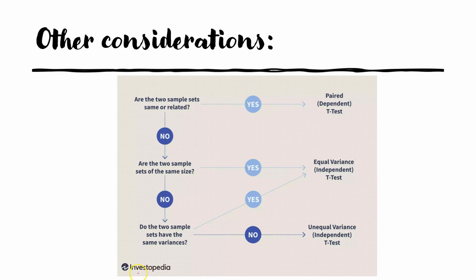If we have sample sets that don't have the same n number and or do not have the same variance, then no, we cannot run an equal variance. Instead, we run an unequal variance t-test. If you are in a hurry one day and you need to get something done super fast and you are unsure, and definitely it's not a paired t-test, the best course of action would be to run an unequal variance t-test because it would be the more stringent of the two.